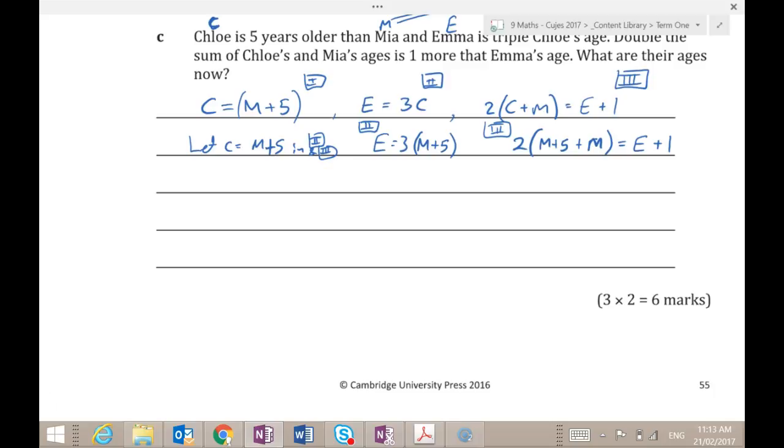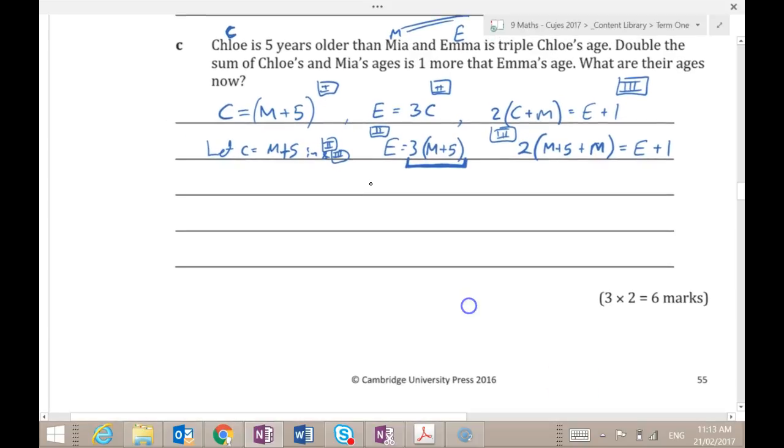So it's back to what we normally start with, isn't it? And look, it's already set up to substitute again. I've got an expression for E in terms of m. So now I'm going to say let E equal 3 outside of m plus 5 in equation 3.